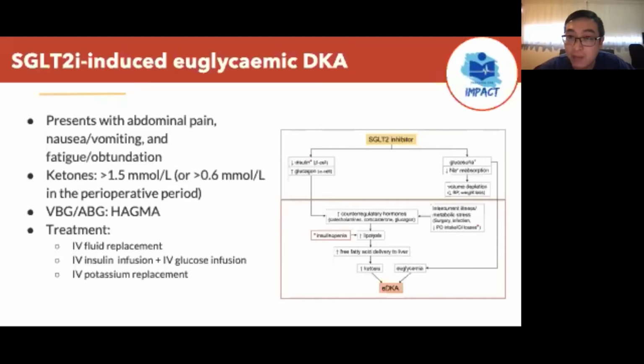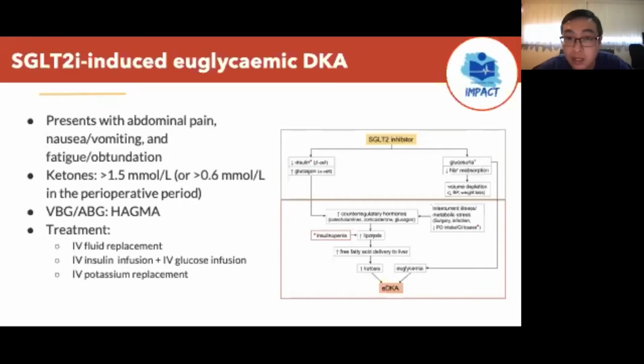So as you probably remember, in a state of acidosis the kidneys will try to throw out protons in exchange for potassium. So potassium is usually elevated in the context of metabolic acidosis, but overall in DKA the total body potassium is depleted. So you need to make sure to replace IV potassium and ensure that the serum potassium is maintained in the normal range.